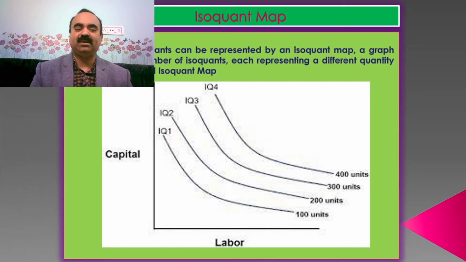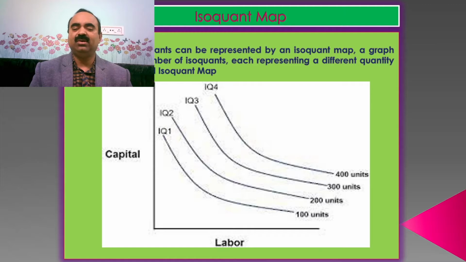Isoquant map. A family of isoquants can be represented by an isoquant map. A graph combining a number of isoquants, each representing a different quantity of output, is called isoquant map. Here in the diagram, I had taken labor on x-axis, capital on y-axis.